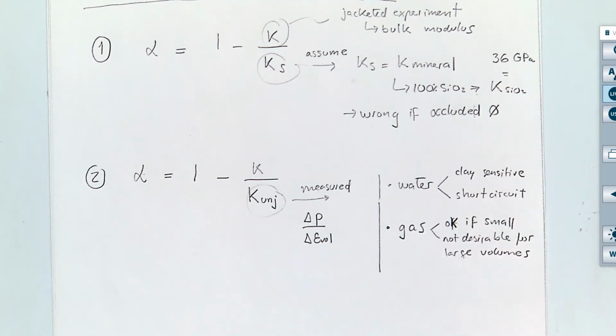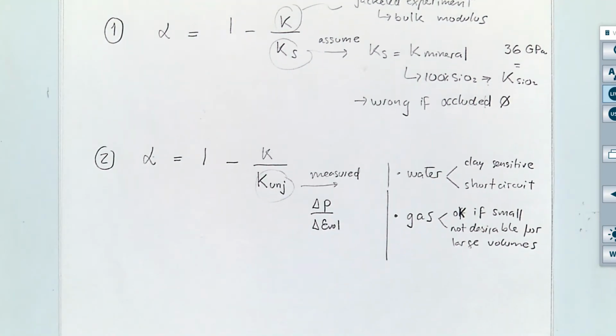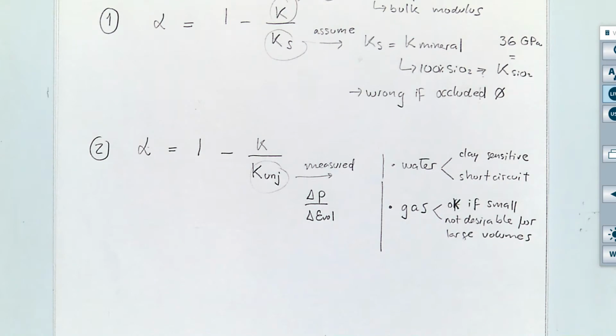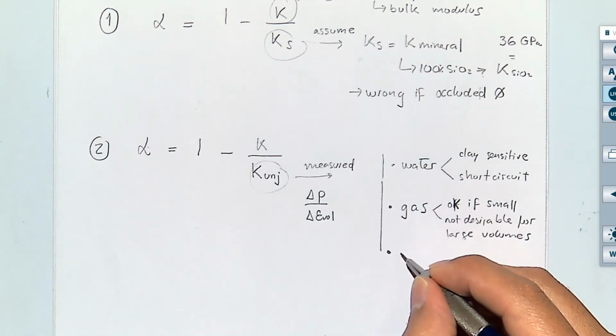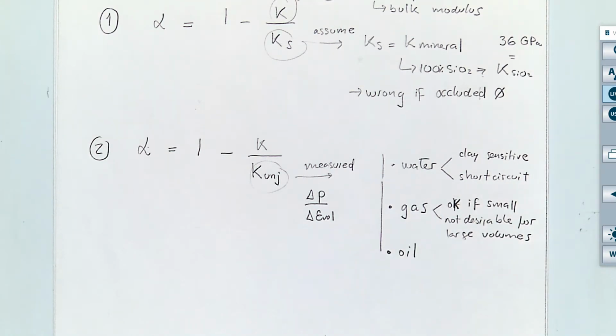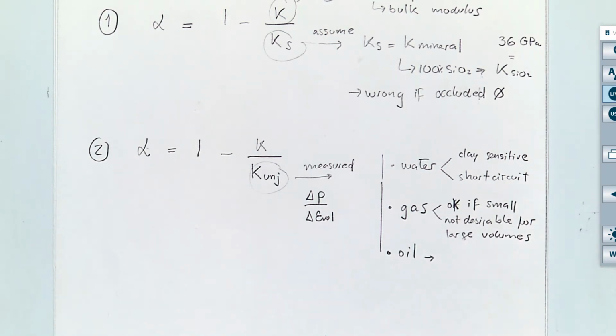All right, so if we don't use water, we don't use gas, what else could we use? We could use oil, but there is also a problem with oil. And the problem is the viscosity.